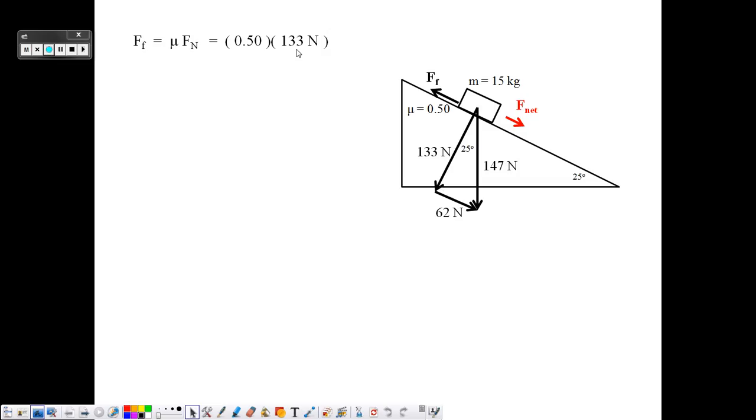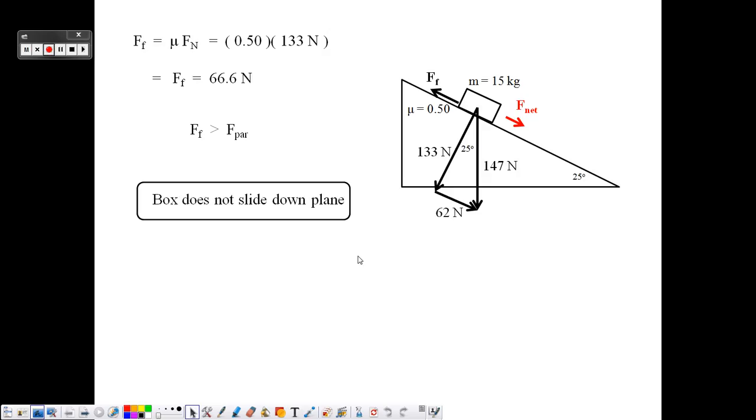That turns out to be 66.6 newtons. Now, does the box slide down the plane? Actually, the answer is no, because the force of friction is greater than the 62 newtons. Therefore, this 62 newtons of parallel force is not enough to overcome friction. So the box does not slide down the plane.